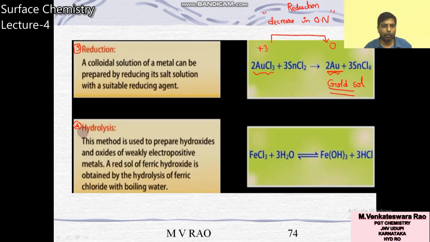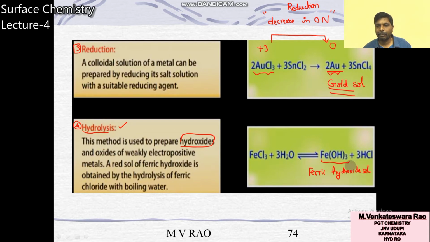Now we will see the fourth chemical method, that is hydrolysis. This method is used to prepare hydroxides. You can see here this hydroxide is ferric hydroxide sol.